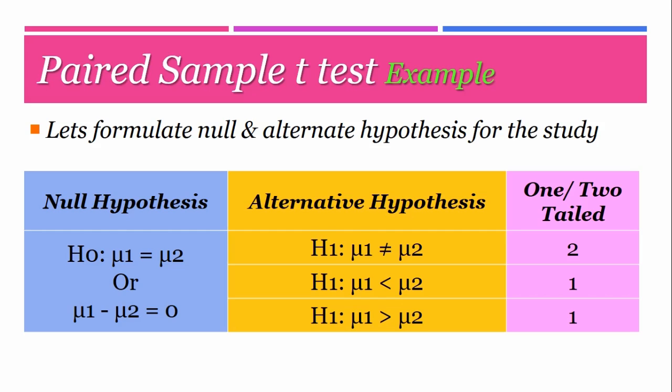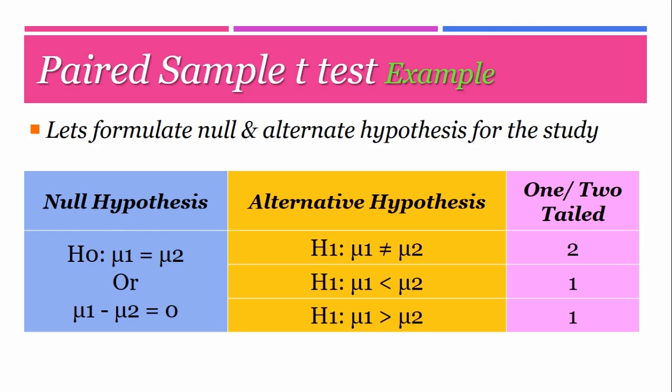Now we can formulate a two-tailed alternative hypothesis statement as H1: the mean difference of treatment in blood sugar level before and after treatment is not equal to 0. Or we can put it another way, there is a significant difference in blood sugar level before and after the treatment with the new antidiabetic drug.